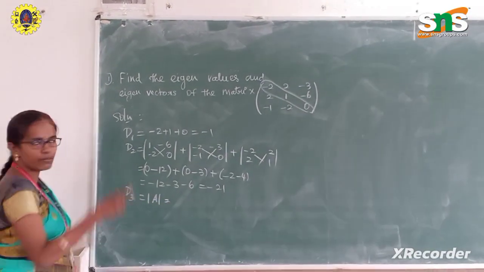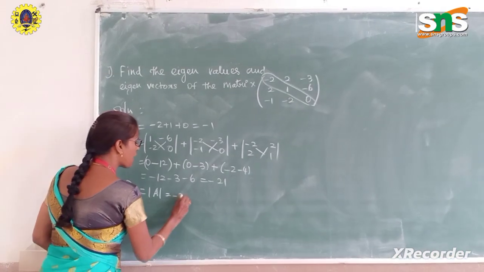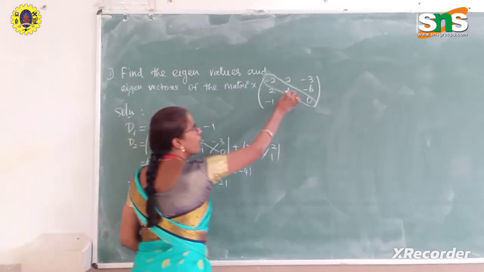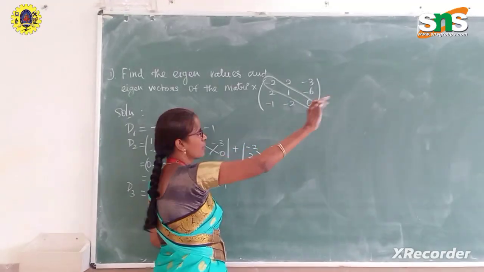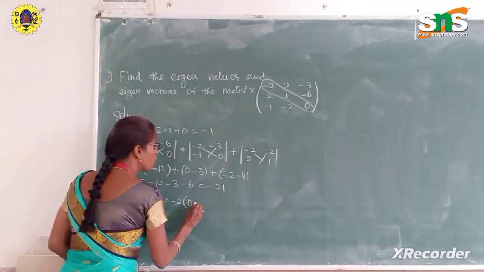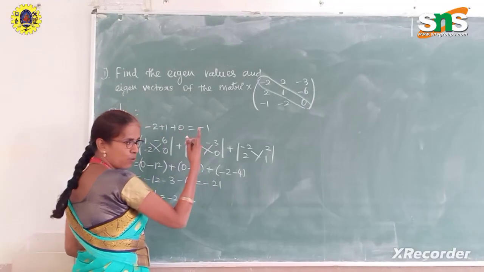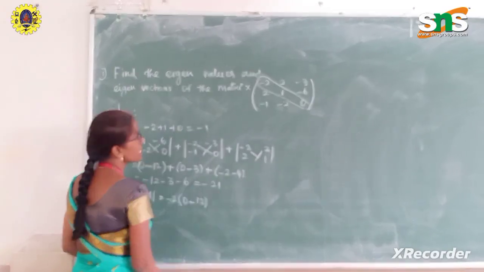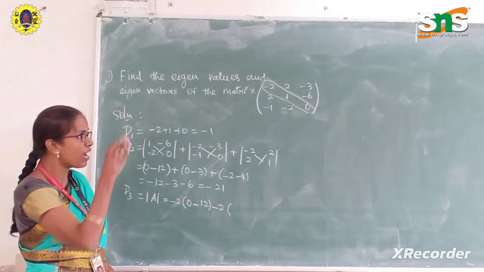Just find the determinant for the given matrix. Just expand along the first row. So minus 2 into, leave the first row and first column, so in this case I find the determinant: 1 into 0 is 0, minus 6 into minus 2 is plus 12. And the next element is 2 into, leave the first row and second column.